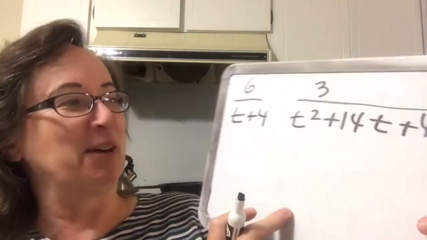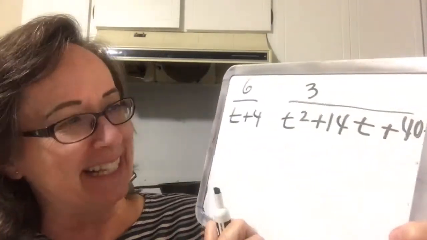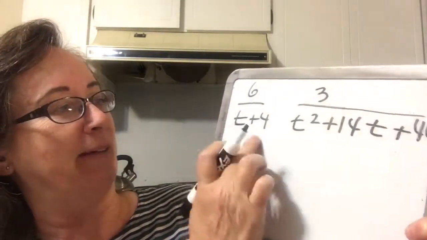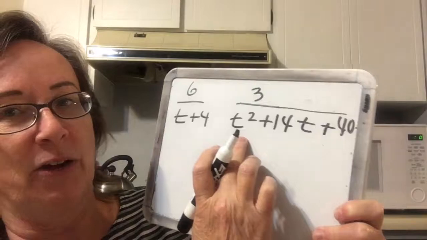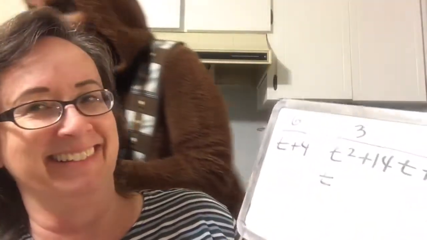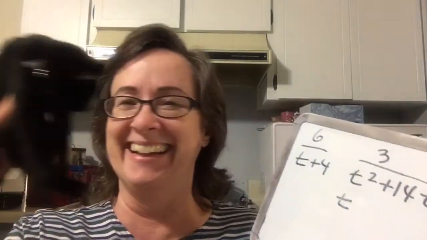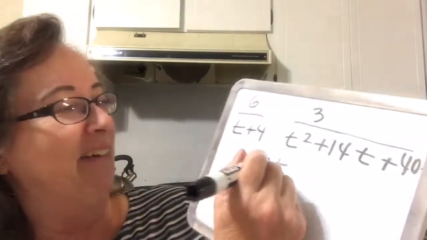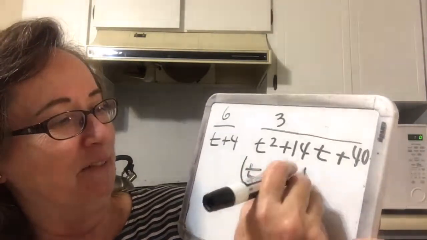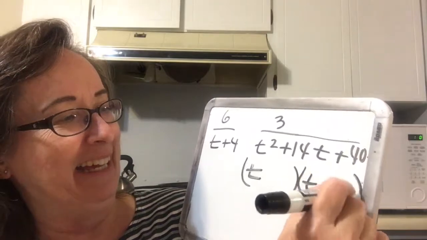Excuse me, now we're going to get back to our least common denominator, and this is, first of all, already factored, so now we're going to have this one, t, and then we're going to have another t.